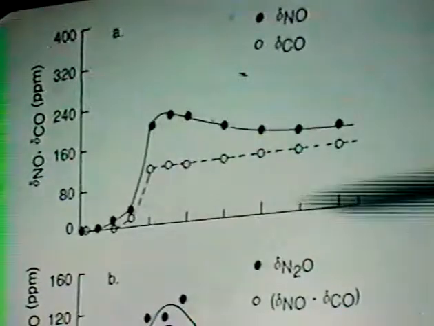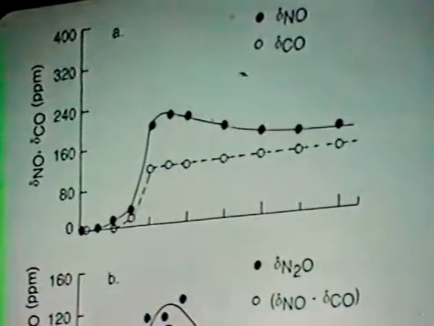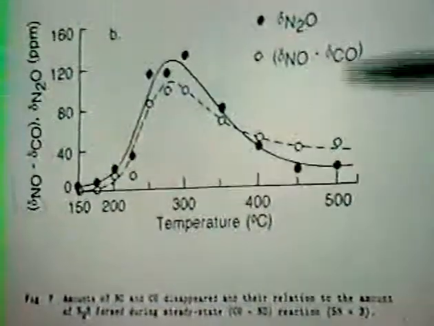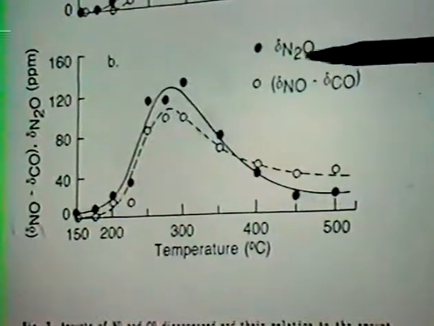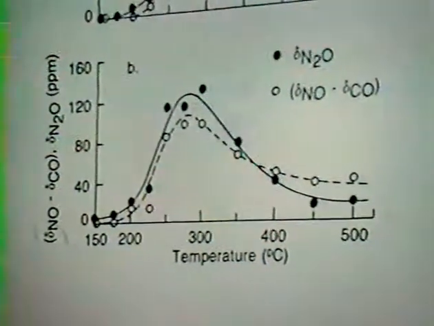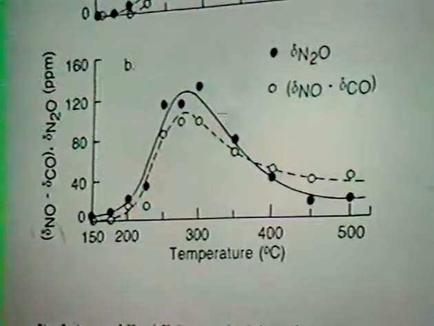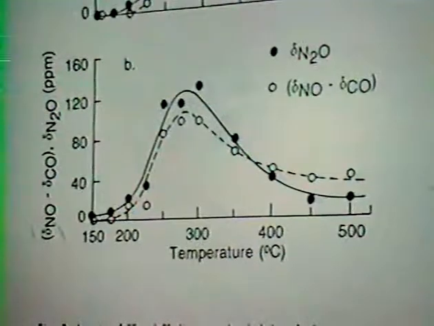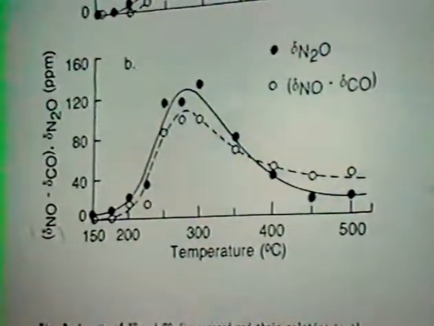Now, that difference is plotted here as open circles, and we measured N2O formation, plotted here as dots, and it correlates almost perfectly. So this indicates that the incomplete reduction pathway is very important, especially in the low temperature region.